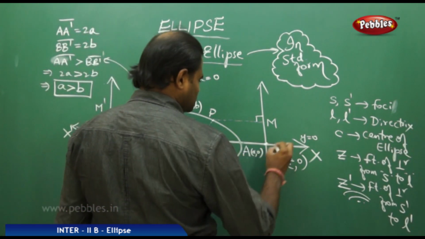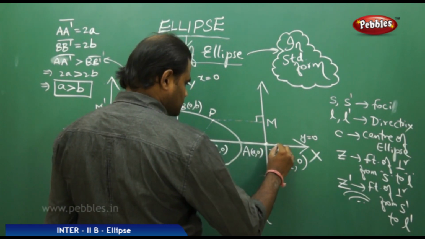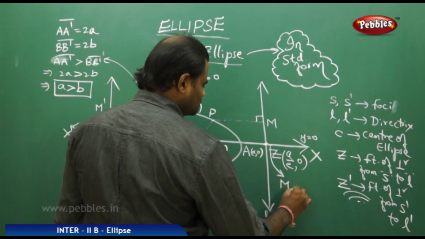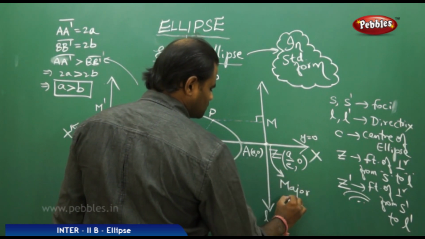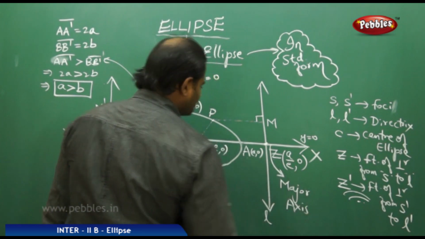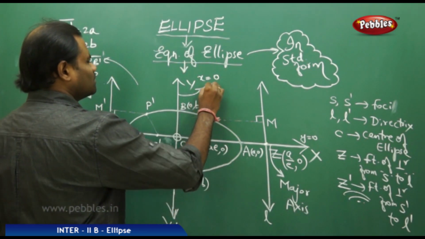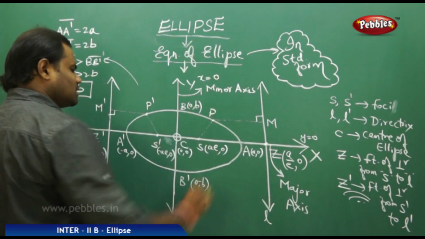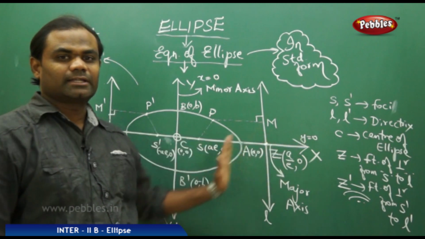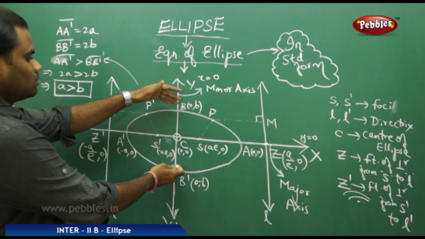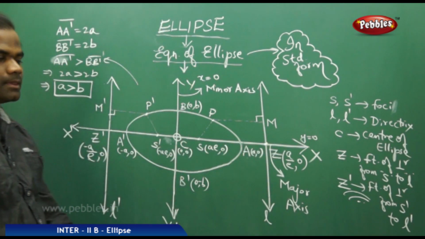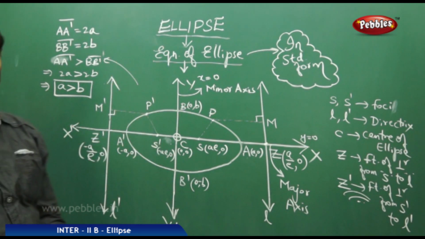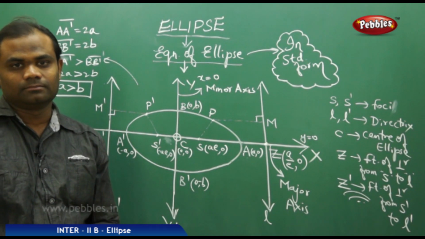So this is the major axis, and this is the minor axis because this has the major segment along the x-axis and the minor segment along the y-axis. Now with this, we are going to define the whole of the equation of the ellipse in standard form.